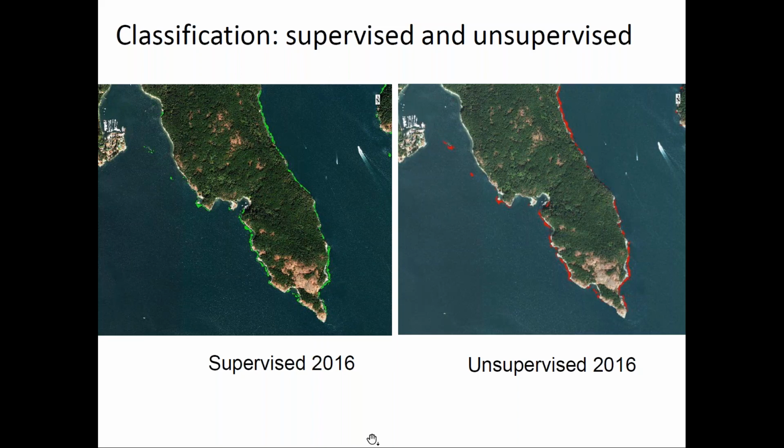On your left side, you see the supervised classification results, in which the green polygon shows Kelp, and the unsupervised on the right side. I think I forgot to put it here, but the classification accuracy for the supervised classification was about 82%, and the unsupervised was about 80%. So it was very good accuracy for both.